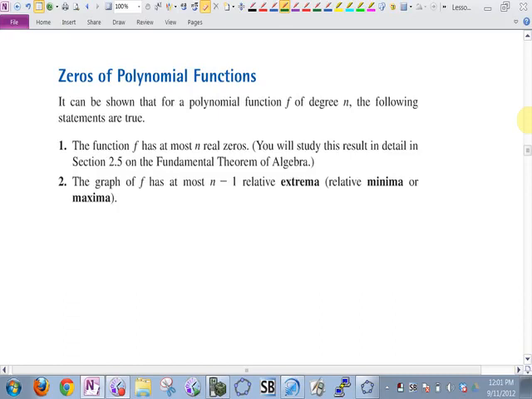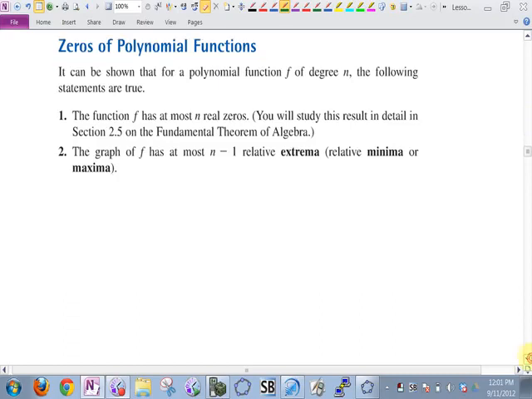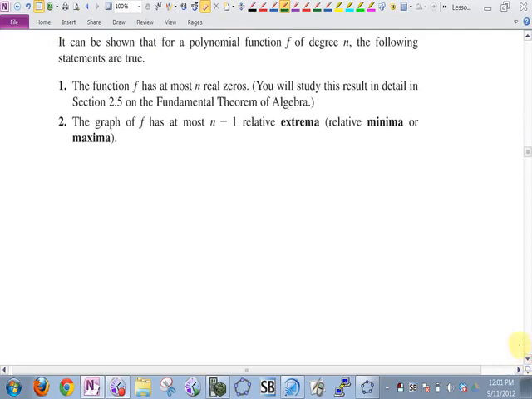It will have at most n minus 1 turns, or dips. Right? We call those relative extrema. That is different than absolute extrema. Because if this is a degree 3, how many relative extrema does this graph have? 2. It has what we call a relative maximum and a relative minimum.